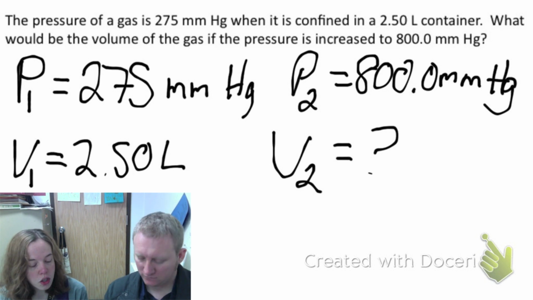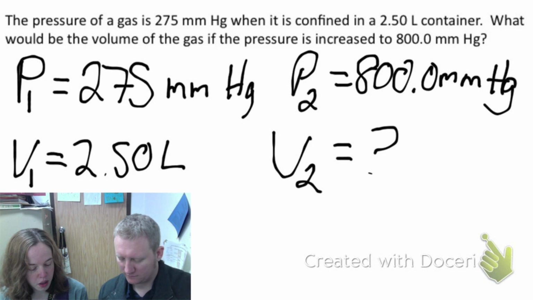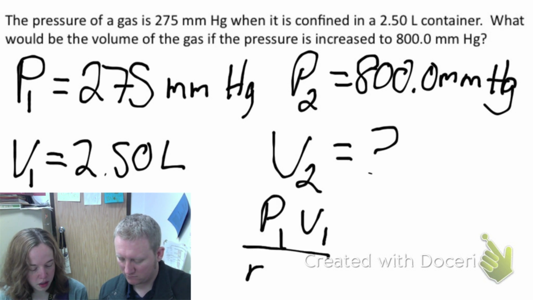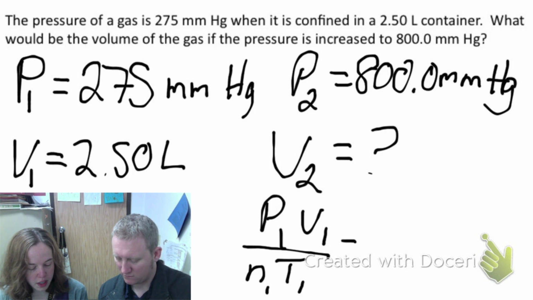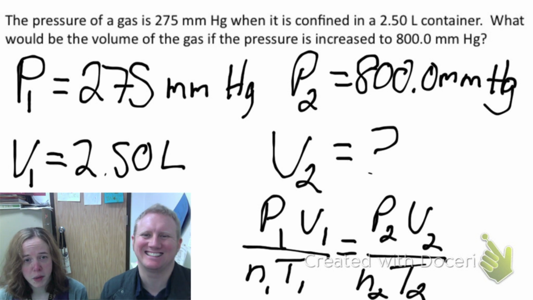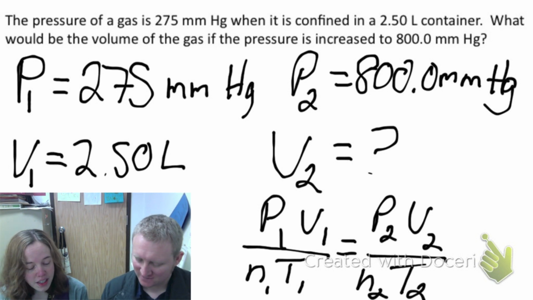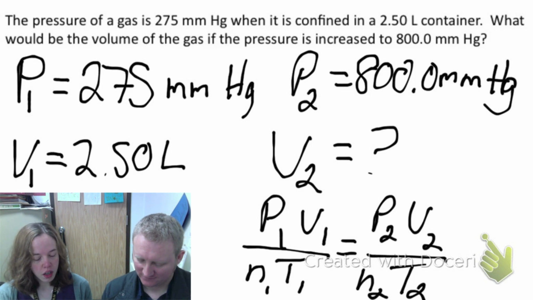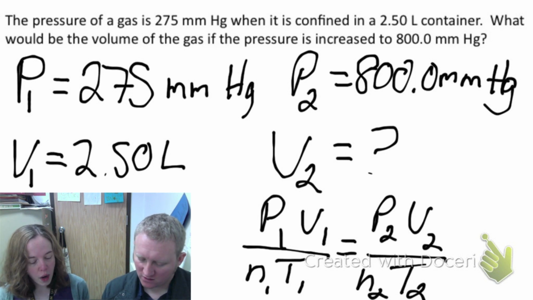Okay. All right. So now let's look at our equation real quick. We've got P1 V1 over N1 T1 equals P2 V2 over N2 T2. Yes, it sounds like we're listing off Star Wars robots. All right, but look at what we know versus our equation. So what actually shows up?